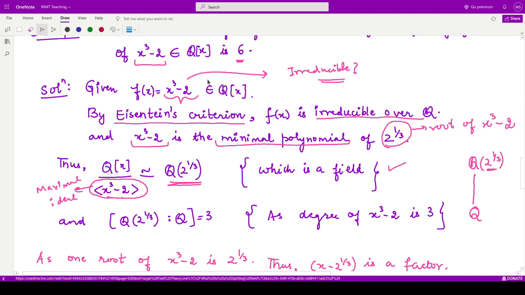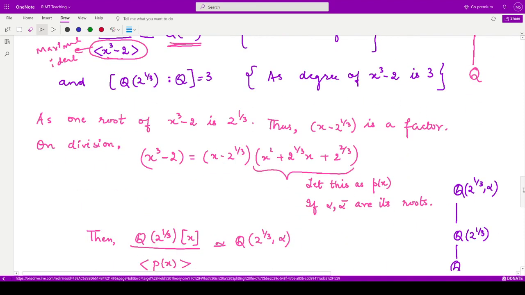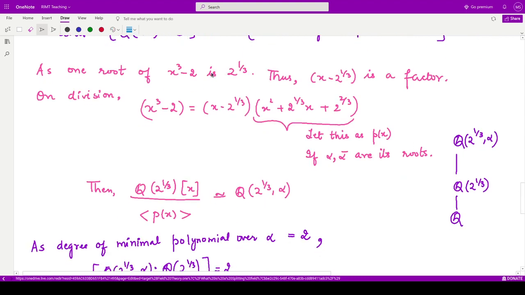That is the degree of this irreducible polynomial, and it is equal to 3 because its degree is 3. So we now have one root of the polynomial and we are interested to calculate all the roots of this polynomial. How could that be done? This is the root, that means this would be the factor. If this is the factor, we can divide this polynomial with this factor through long division. So you will divide x cube minus 2 with x minus 2 to the power 1 by 3.